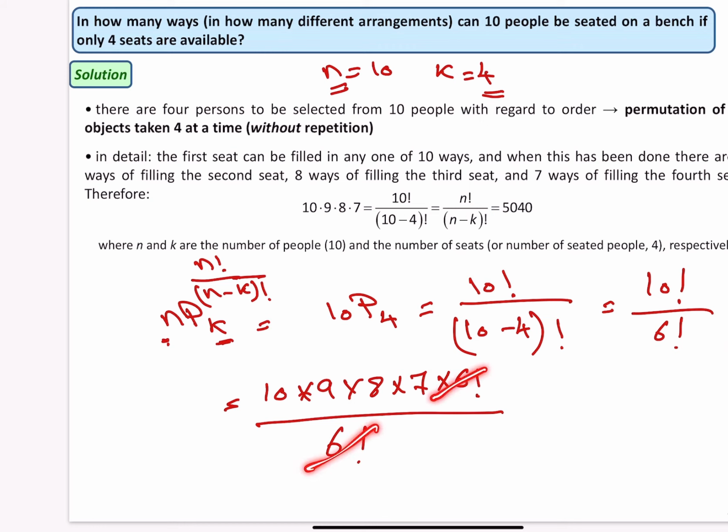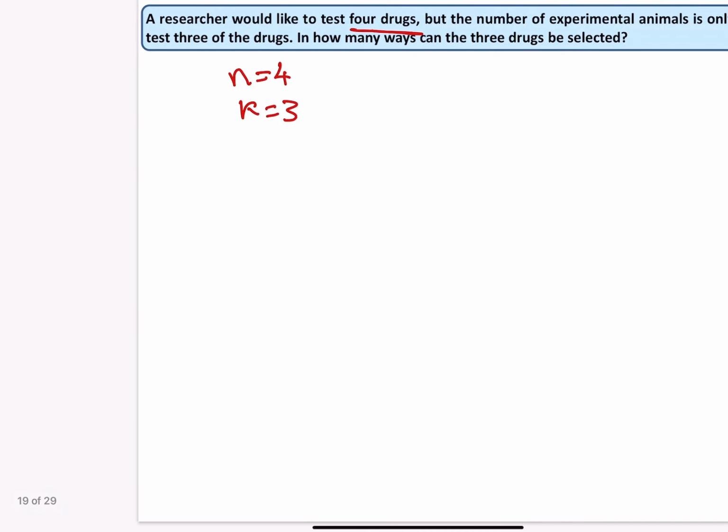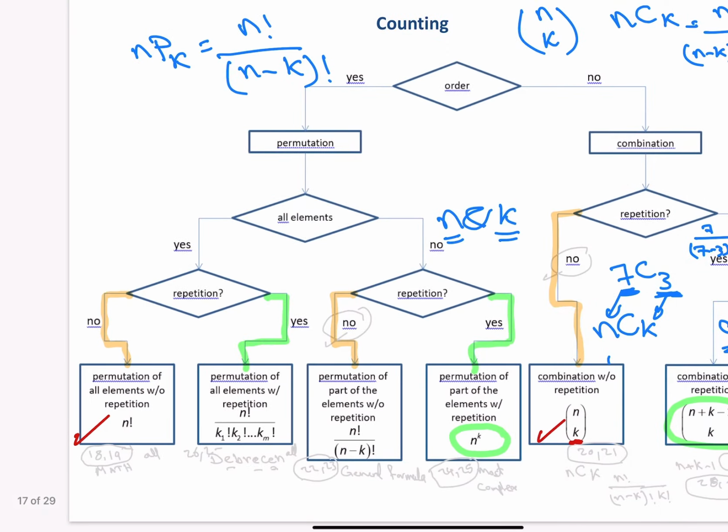I end up with 10 times 9 times 8 times 7, which equals 5040. Clear? I hope it's clear. So now we are done also with the third example.